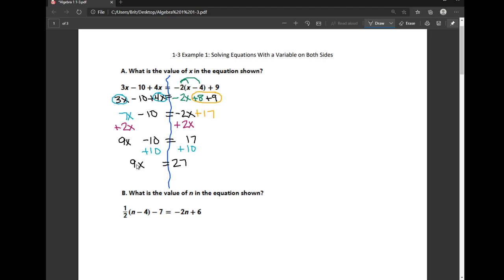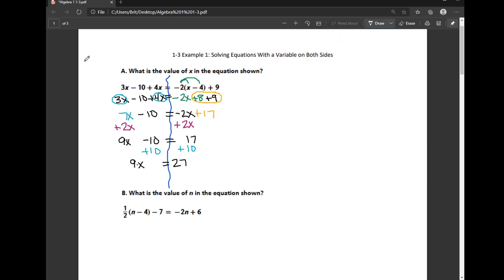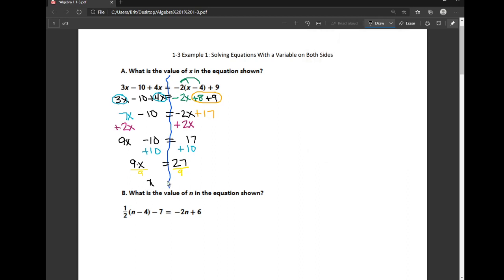Now 9x, that is 9 times x, okay? So that is a multiplication situation that's happening. And in order to undo multiplication, I'm going to divide both sides by 9. And that gives me x equals 3 as a solution.